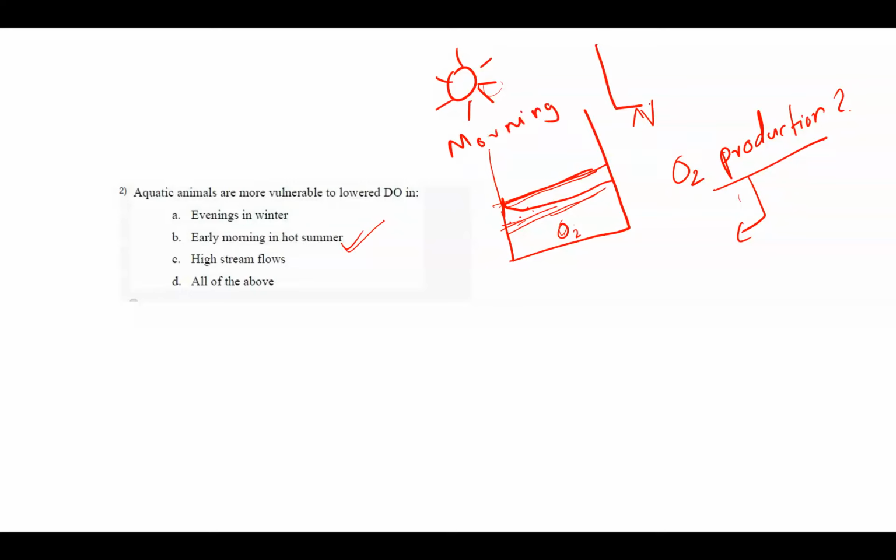Here, when we take the diurnal variation of the sunlight, we see that this is from 6 a.m. to 2 p.m. and this is again 6 p.m. So this is the intensity of solar radiation with respect to time. From morning it will start rising.